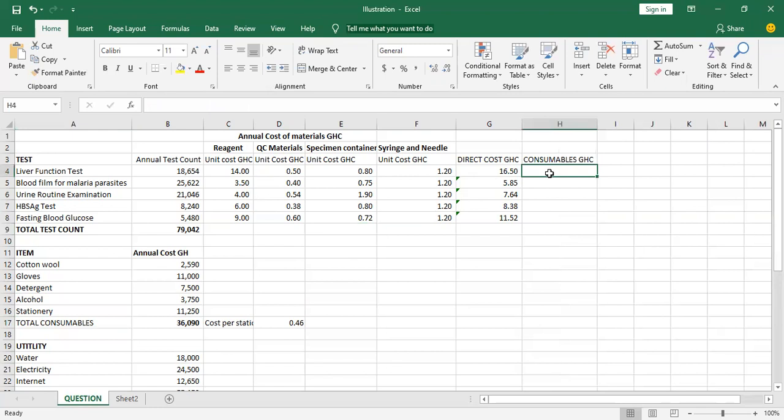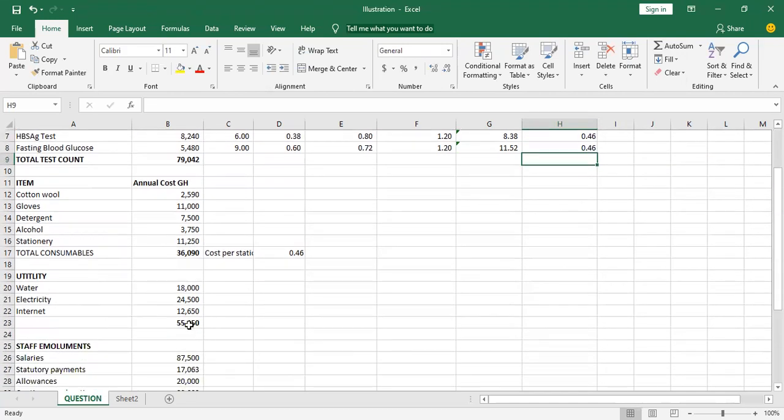So that is 0.46 Ghana cedis. That is going to be the same for blood film for malaria parasites, 0.46. Same for all the tests, 0.46. So we are done with consumables.